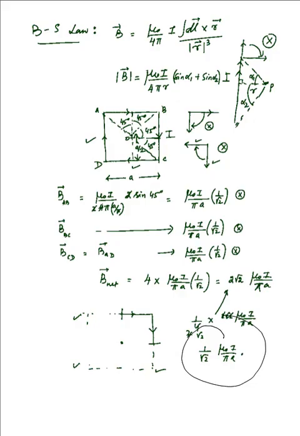That is 1 over root 2 times mu naught I over pi a, a being the distance in that case. So we'll be using that formula over here to obtain the final expression of the magnetic field that we wish to obtain at that point.